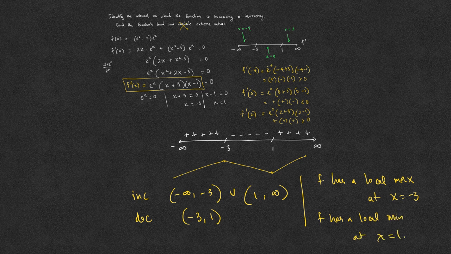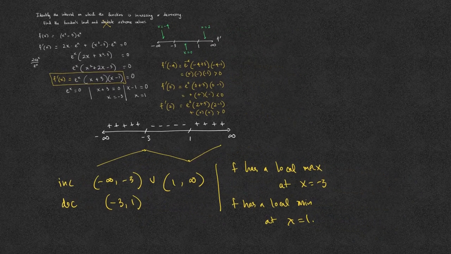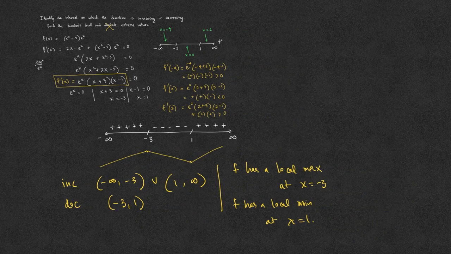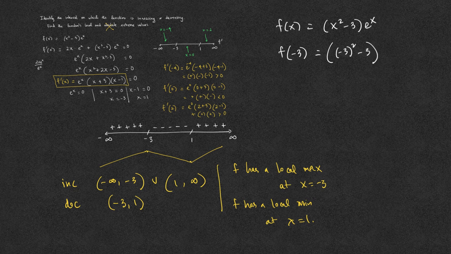To find the local maximum and the local minimum values, we need to plug these into the given function. The given function is f of x equals (x squared minus 3) times e to the x. And so f of negative 3 is (negative 3 squared minus 3) times e to the negative 3.